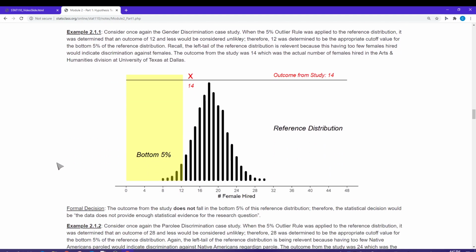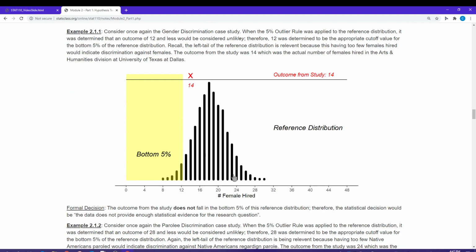So let's look at a couple examples here with the outlier rule. This is the gender discrimination example. I think it was 49 people that were evaluated there. I think 14 females were hired. It should have been around 18, I think.